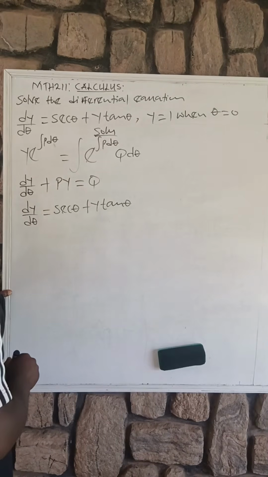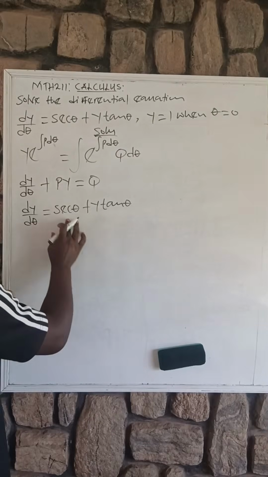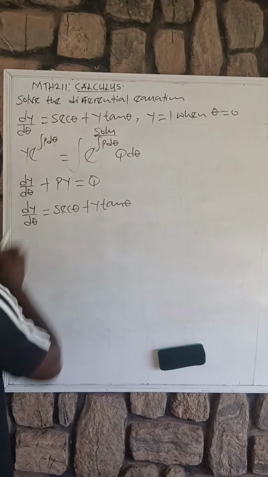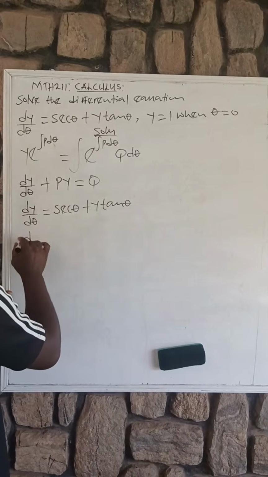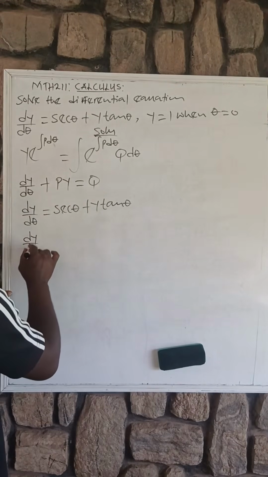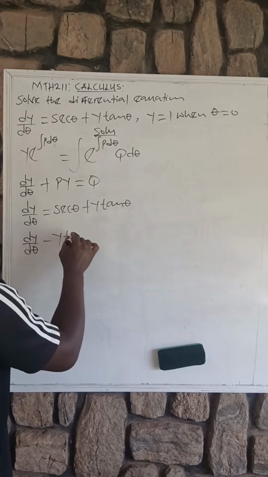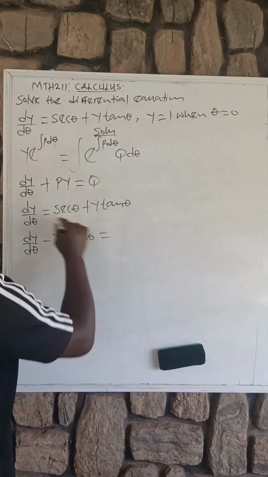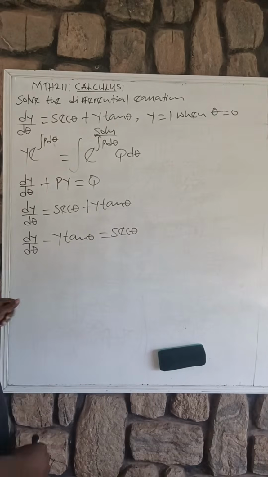If you agree with me, let's transform this differential equation into this form. By the time we bring this one to this side, this is how it's supposed to be: dy/d theta minus y tan theta equals sec theta. True or false?